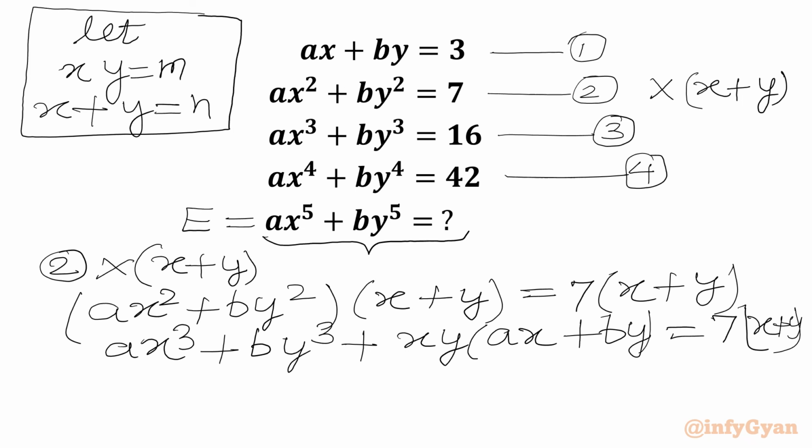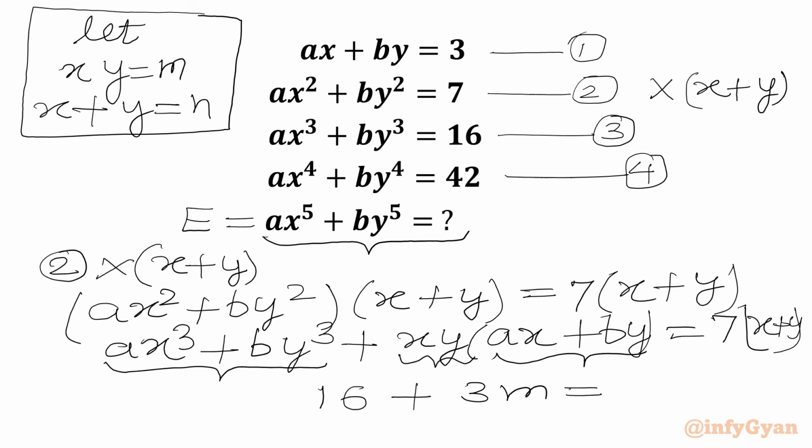Now x plus y is n, xy is m, ax plus by as per equation 1 is 3, and ax³ + by³ as per equation 3 is 16. We will write 16 + 3m = 7n. Let's say this is equation number 5.